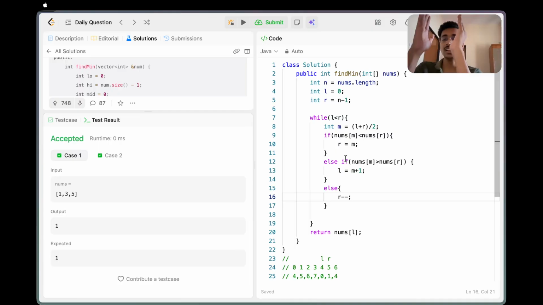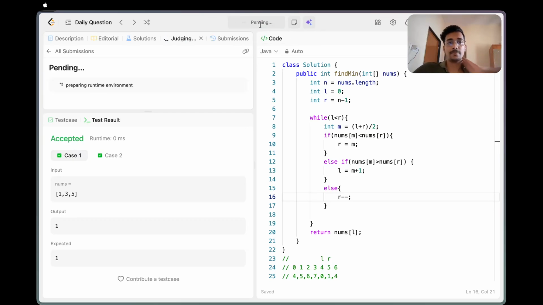Decrease the r until different values come. Every time r is decreasing, the mid value is getting shifted, but the range is within the desired one. Okay, fine, I got it.